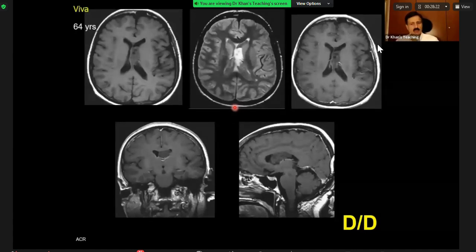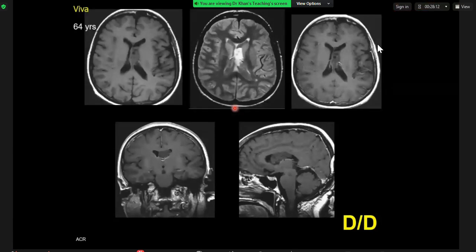So here we go into a different differential diagnosis, and this is intraventricular tumors. So over to you. Okay, so these are 4 axial slices and a sagittal. In the second image, it's T2 weighted, a high signal intensity lesion seen, epicentered in the left ventricular trigone.